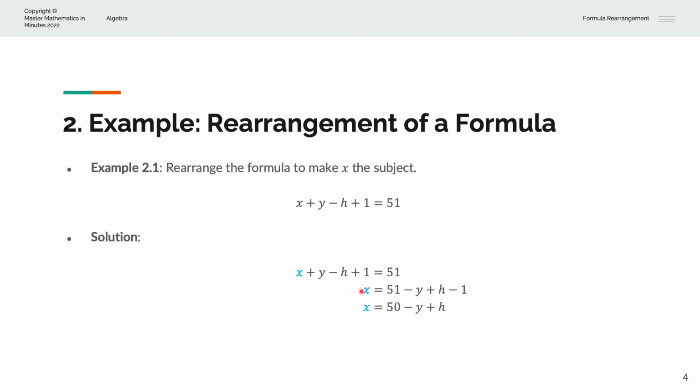So we'll copy x down on the left-hand side, and we'll copy 51 down, and plus y now becomes y, minus h now becomes plus h, and plus 1 now becomes minus 1. And so 51 minus 1 is 50, and we'll copy the other terms as is. So we've made x the subject because it exists on the left-hand side, and all of the other terms are on the right-hand side.